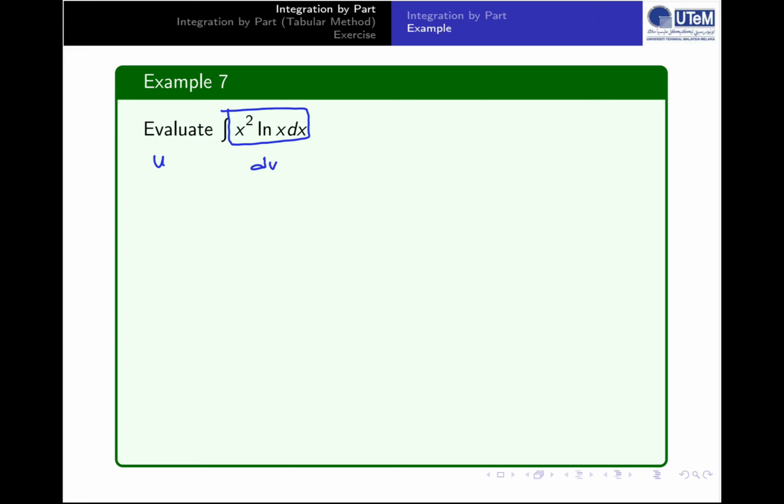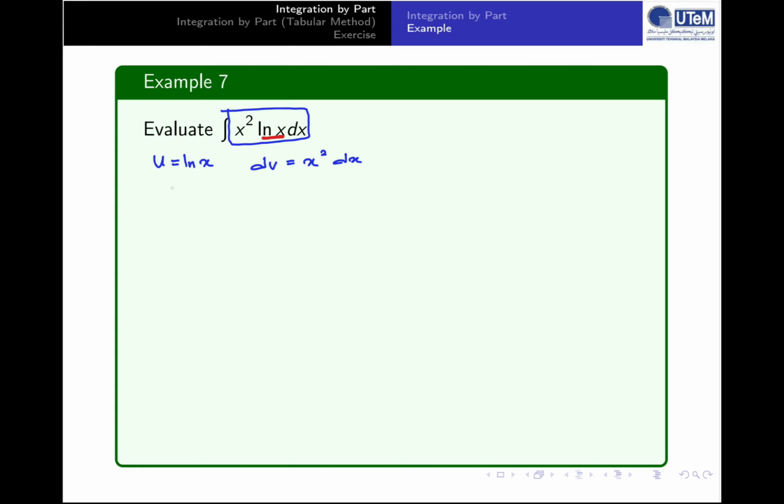For this case, u equals ln x, and since we take u equal to ln x, dv automatically becomes x squared dx.